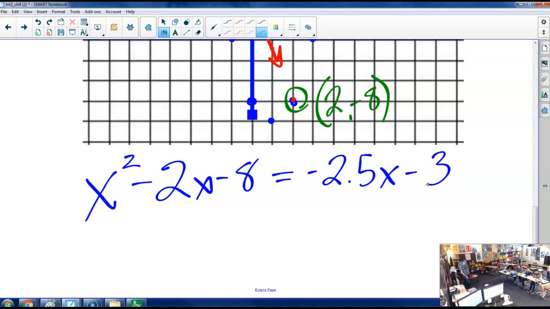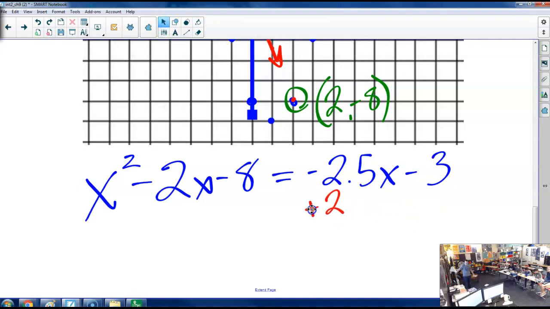Okay, what do you mean? Yeah, get rid of the non-exponential. What you could do first is get rid of that normal x term. What do you mean? Tell me what to do. So like add 2 to both sides. Add 2x.